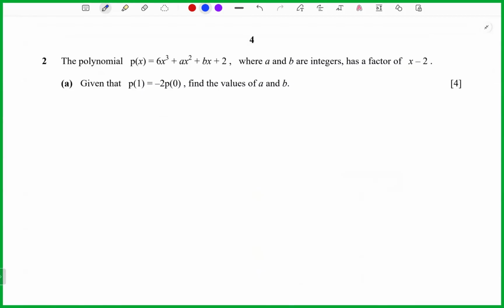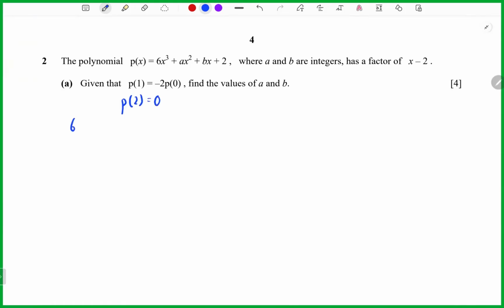The polynomial p(x) equals 6x cubed plus ax squared plus bx plus 2, where a and b are integers, has a factor of x minus 2. Given that p(1) equals negative 2, p(0), find the values of a and b. First, since x minus 2 is a factor, p(2) equals 0.